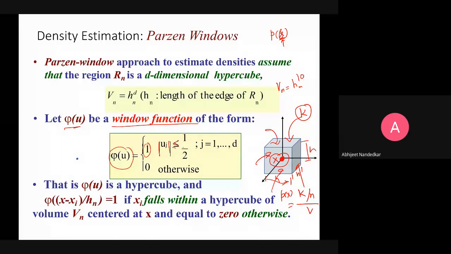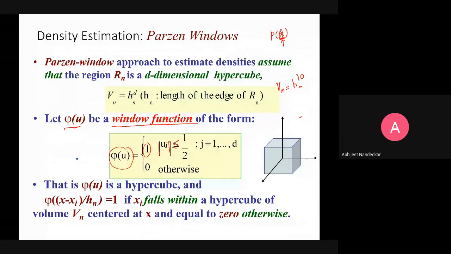So that means it will return you 1 whenever you are inside the window. Outside the window, or outside this hyperbox, its output is 0.